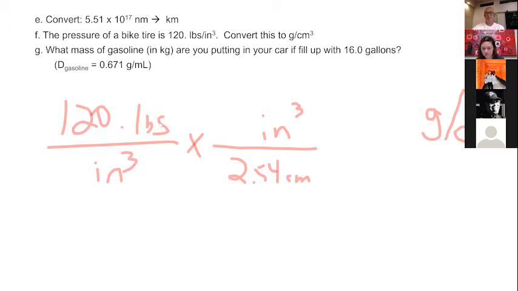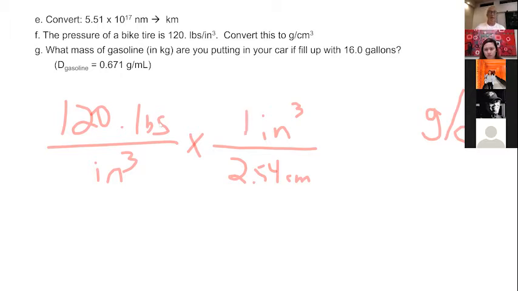Now, the most common mistake that students make, and that I make, is that we figure if 1 inch is equal to 2.54 centimeters, then 1 inch cubed is equal to 2.54 centimeters cubed. That is not the case, because when we're squaring or cubing or taking to the fourth power, whatever it is, if it's a measurement, we're doing it both to the number and to the unit.